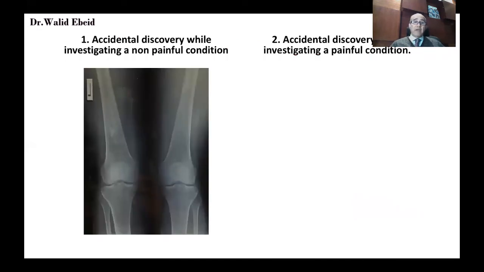So, the first scenario is the accidental discovery while investigating a non-painful condition. If you look at this X-ray, this patient came complaining of a knee trauma on the right side, and while she was doing an X-ray, they discovered an enchondroma on the contralateral side, which was not the painful limb.